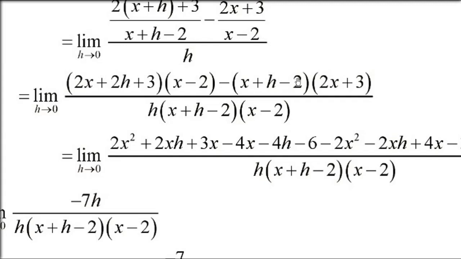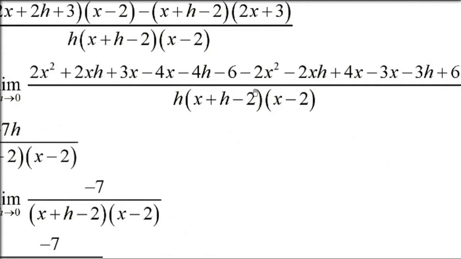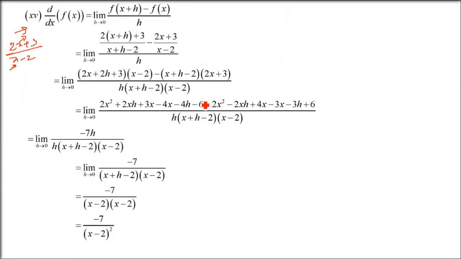And now just open this, multiply, and you see whatever is coming, and you will be happy to know that most of the things get cancelled when you open this. All these terms get cancelled, only minus 4h and minus 3h will become minus 7h. Minus 4h and minus 3h will give you minus 7h. And what is in the denominator?